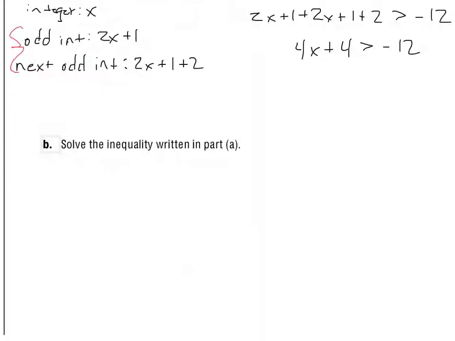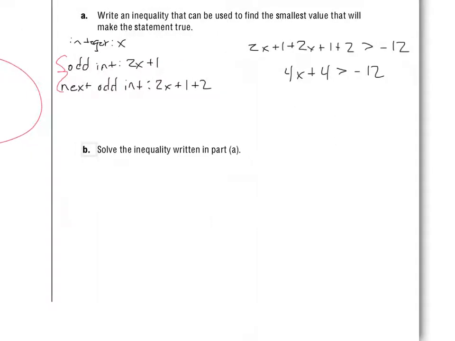All right, so solve the inequality written in part A. So we're down here looking at solving the inequality. 4x plus 4 is greater than negative 12. This is our inequality. So solve it just like it's an equation, because if we do the same thing to both sides, it's going to keep the inequality statement true.